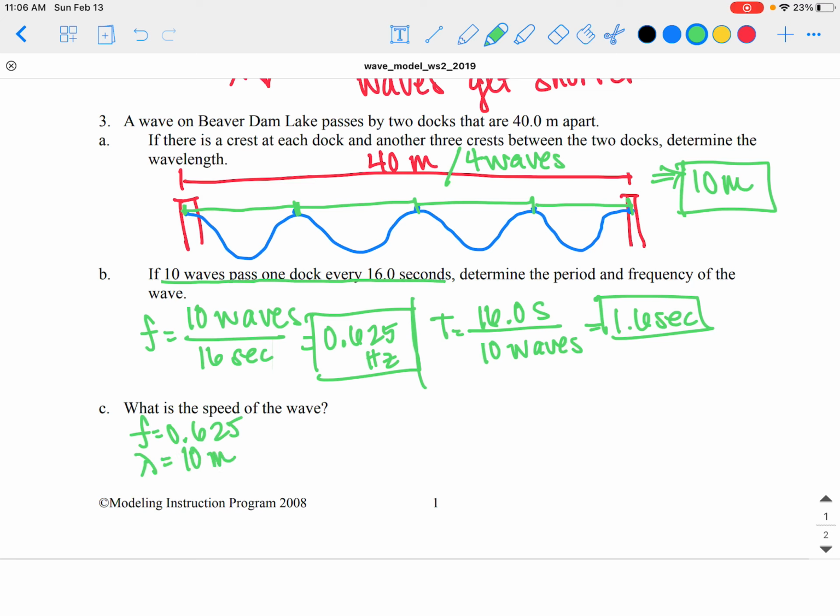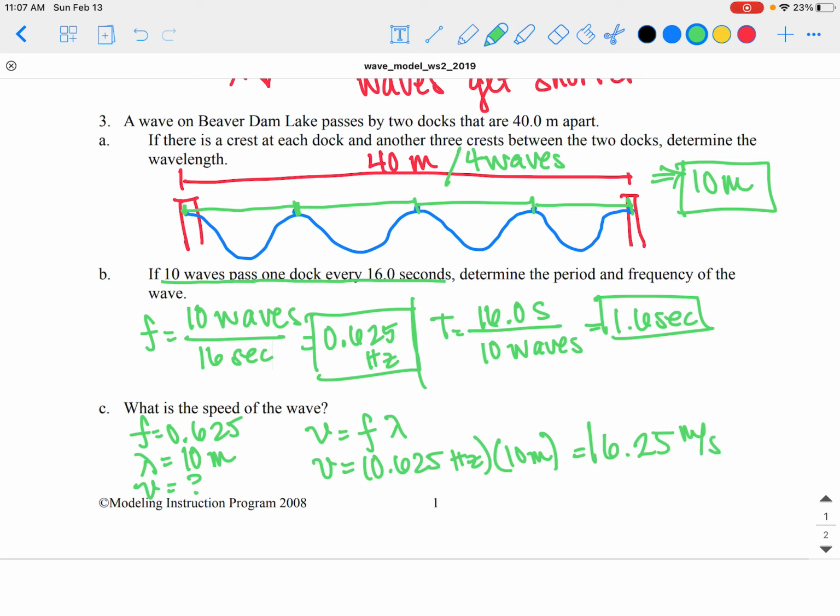We've got a period, and you can include that also, but if we're solving for wave speed, I already know the equation is frequency times wavelength, or wavelength times frequency, and so I don't really need to use the period in this equation. So it's going to be 0.625 hertz times 10 meters, and that gives you 6.25 meters per second.